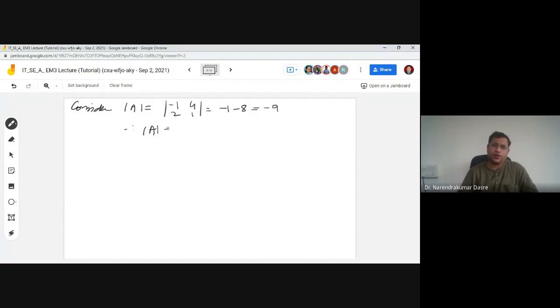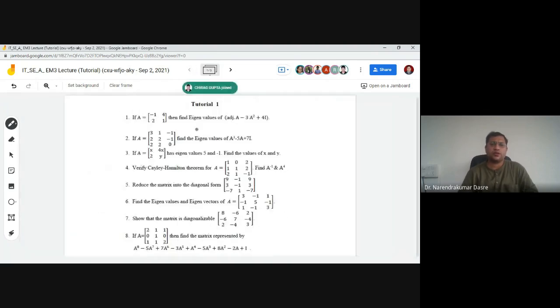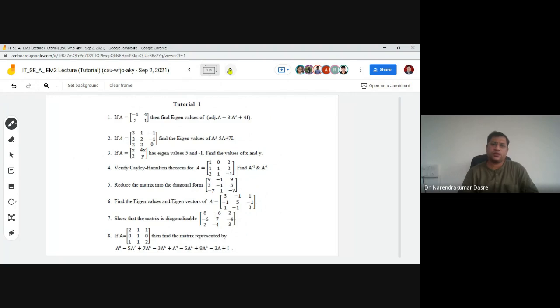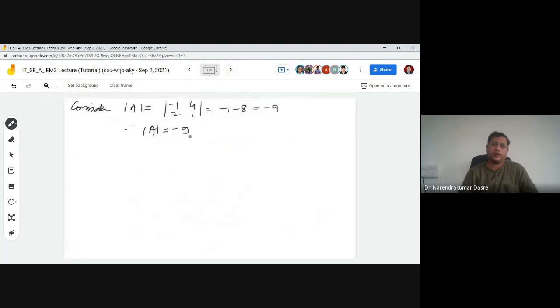So we got determinant of A is equal to -9. See the question. What is the question? If A is this matrix, then we have to find the eigenvalues of this matrix. We have the value of determinant A.